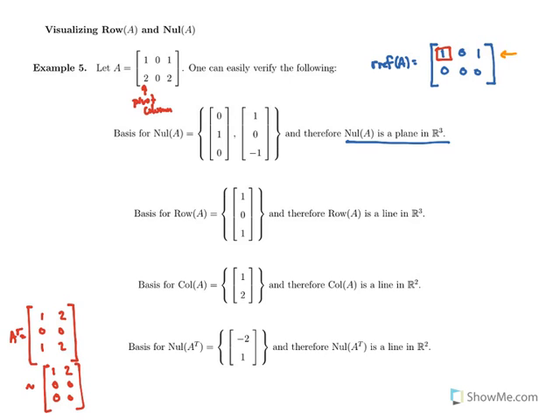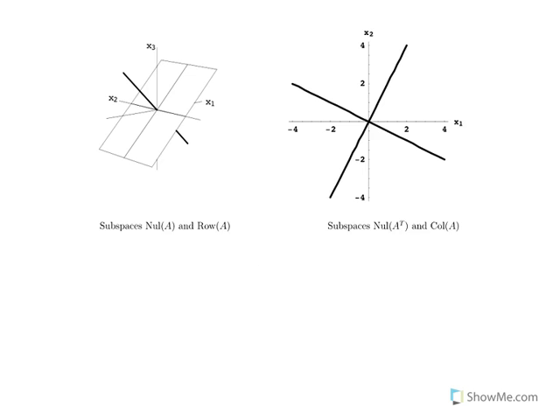And if we think about these 4 subspaces visually, we're going to have a picture on the next page. It shows the relationship between what we're talking about here. So if we think about the null space of A and the row space of A, the null space of A was a plane in R3, and the row space of A was a line in R3.